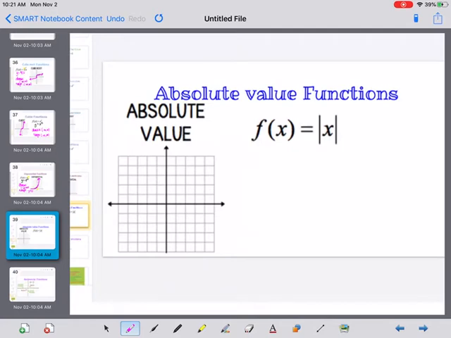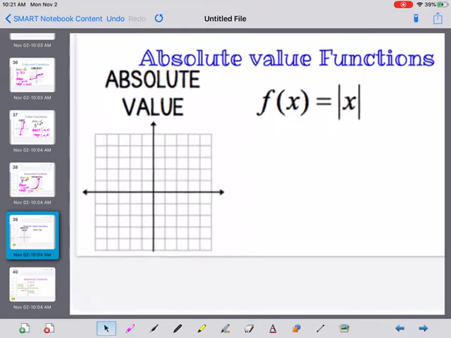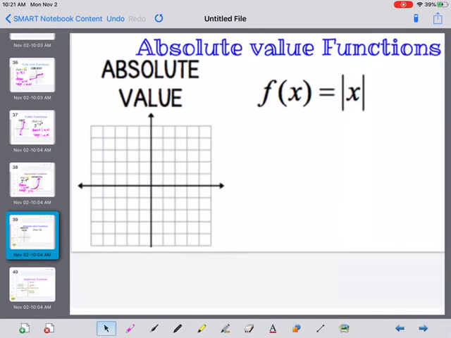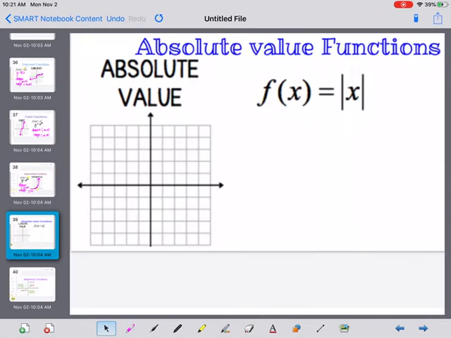You have the absolute value. You guys know what absolute value is because we've been working on absolute value equations. So anything in absolute value bars. And this is one of your easiest ones because anytime you see the absolute value, it looks like a V. V for value. It's not a very straight line, but it will work. V for value.